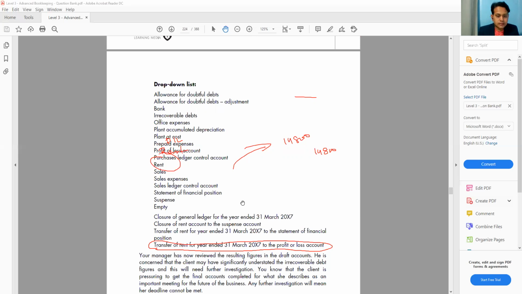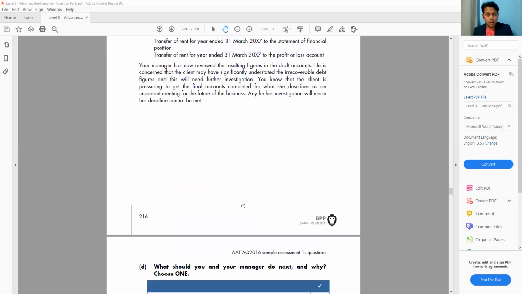All right, so let's read this one now. The next point we have here says your manager has now reviewed the resulting figure from the draft account. He is concerned that the client may have significantly understated the irrecoverable debt figure, and this will need further investigation.